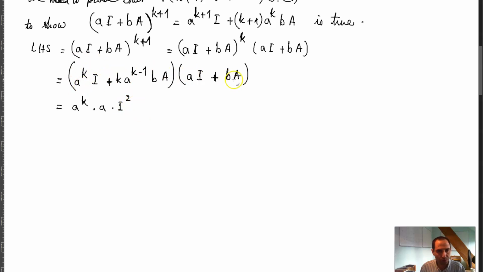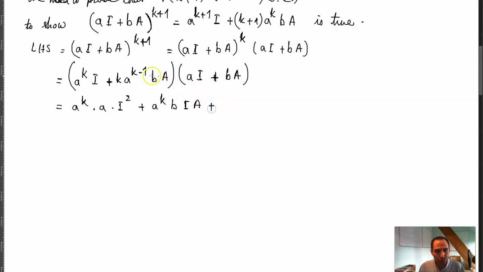Then you can multiply this by this, which would give you A raised to the power k times B times I times, of course, the order of the matrices is important, meaning that you have to write this as I times A, not A times I. Of course, I times A and A times I would be the same, but if you're dealing with two different matrices, where one of the matrices is not the identity matrix, then you have to take care of the order of the matrices, otherwise you would get something different.